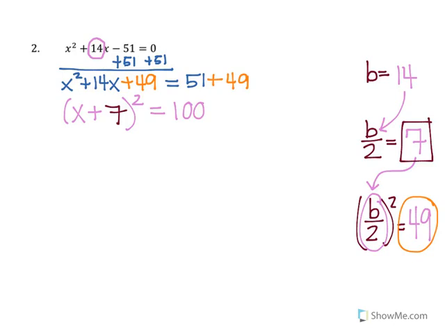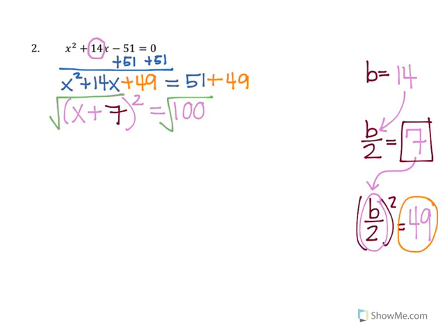And now we're on to step 4. Step 4 says to take the square root of both sides of the equation. So, take the square root of the left, take the square root of the right. Squaring something and square rooting something are inverse operations of each other, which means that they cancel each other out.